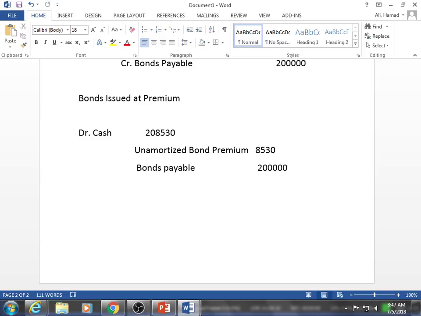Page 1150: present value of $1 received at the end of a given number of time periods. Which table should we use for the 20,000? Table 1. Very good.